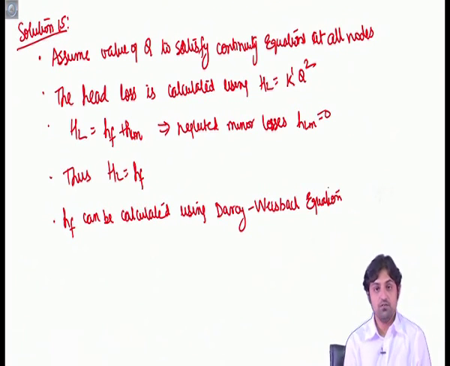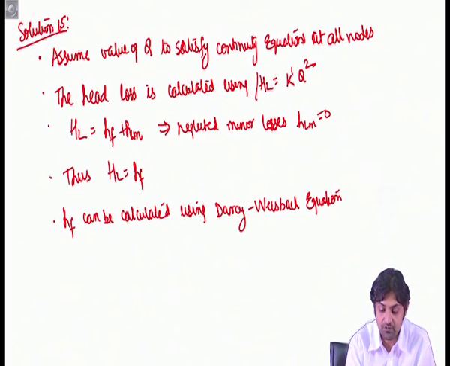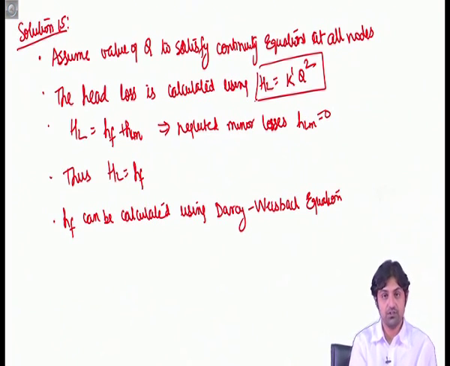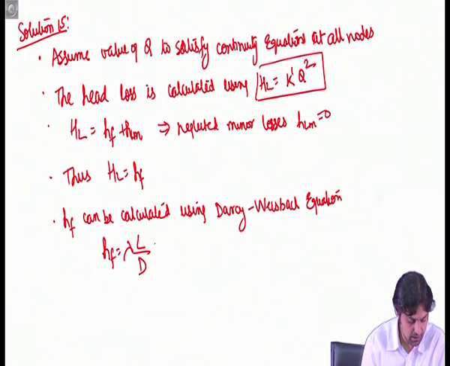See, using the Darcy-Weisbach equation, our idea is to arrive at a suitable Q in terms of a suitable K. We want to arrive at something like this, so that for each of the pipes we can do that, because they are not changing that much, okay. So, HF can be written as lambda L by D into V square by 2G.